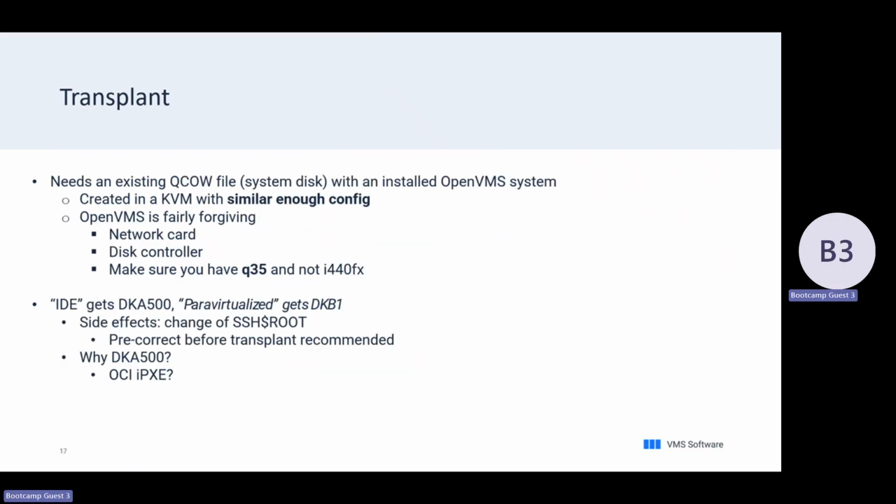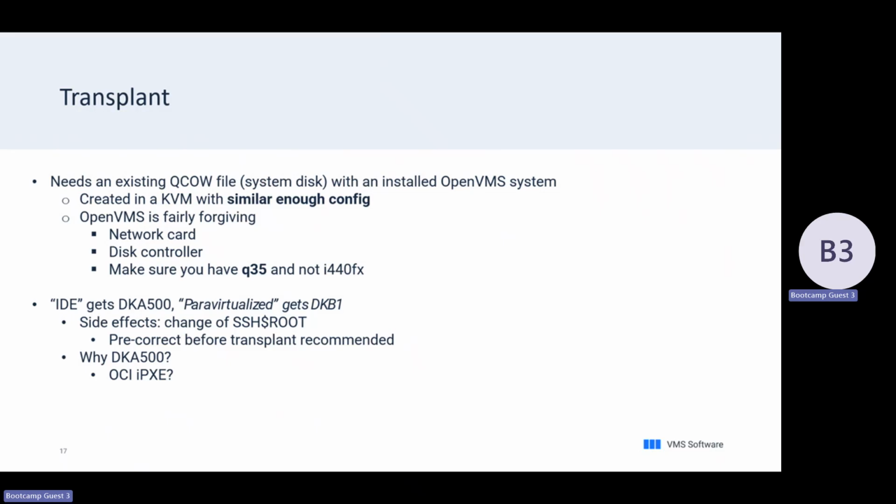This is a better way to transplant. This is where you already create your system on your local machine or on another Linux, like an OCI instance. Reconfigure everything and just plug that QCOW file right into your instance. The only thing you need to pay attention to is that you should really have a similar enough config in that machine as what Oracle expects from you.